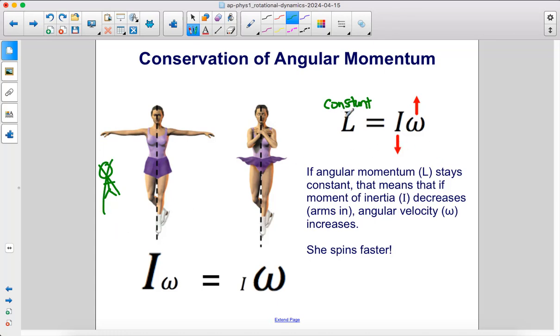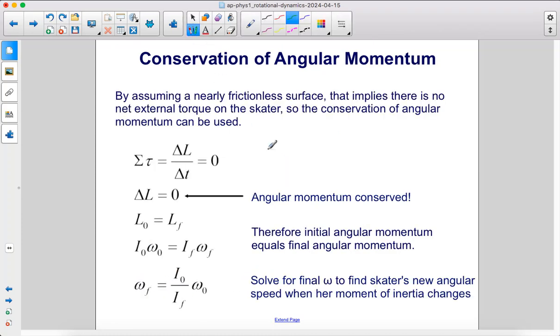Therefore, if angular momentum is constant and your moment of inertia decreases, that means your angular velocity increases. She spins faster. So if angular momentum is conserved, the bigger your moment of inertia, the smaller your angular velocity, and vice versa.